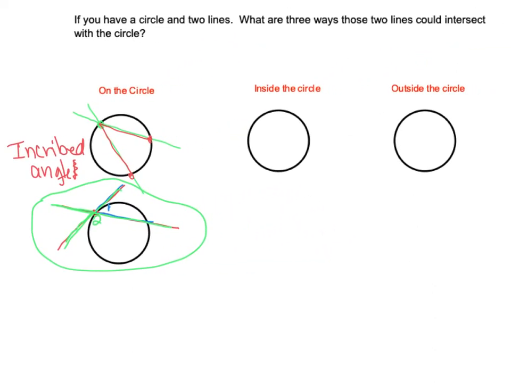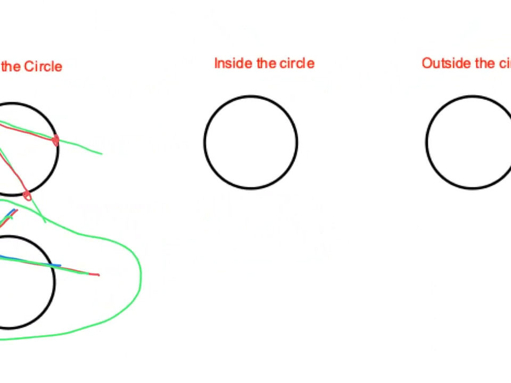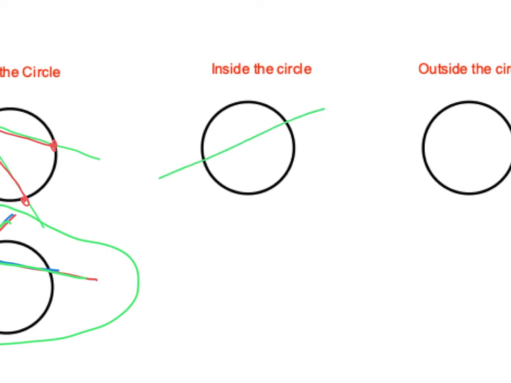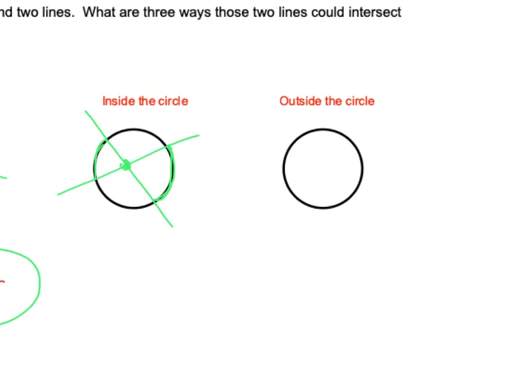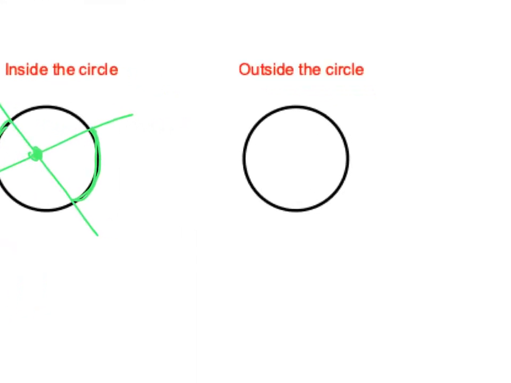Another way that they could intersect is if you have 2 lines that intersect inside the circle, not necessarily at the center, but anywhere inside the circle. We're going to look at the relationship with the arcs that they intercept. The third way is when they are both tangent, where they both look like that.